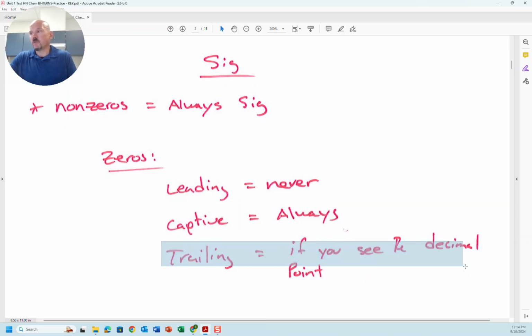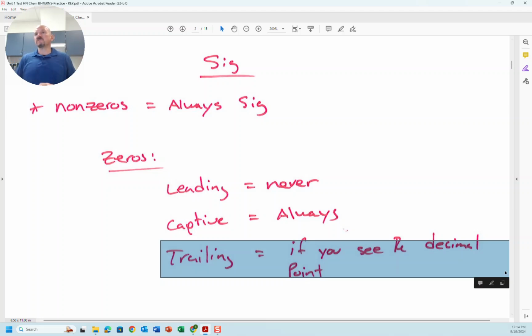The trailing zeros are where students have the most confusion, and it's this easy. If in the number you actually visually see the decimal point, then all the trailing zeros are significant. If you do not see the decimal point, you know where it is, but they just didn't write it on the paper or type it, then the trailing zeros are not significant.